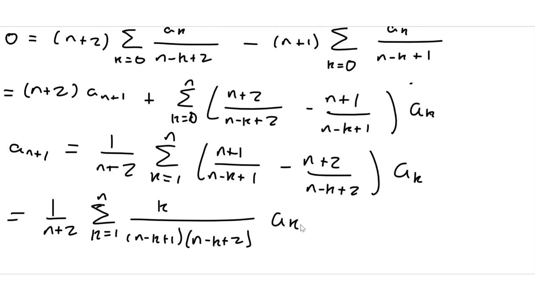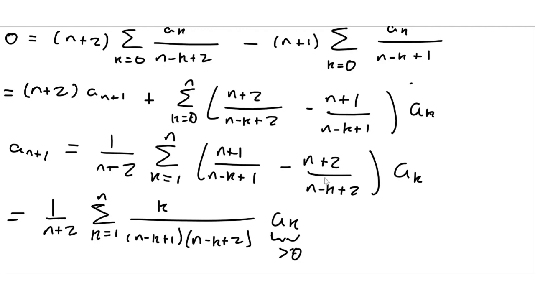So by our assumption, all these ak's are greater than 0. Okay, so that was our assumption. k is obviously greater than 0. We're summing from k equals 1 up to n, and the maximum value we're taking off here on the denominators is n, so that would still give us 1 times 2 on the bottom, which is obviously positive.